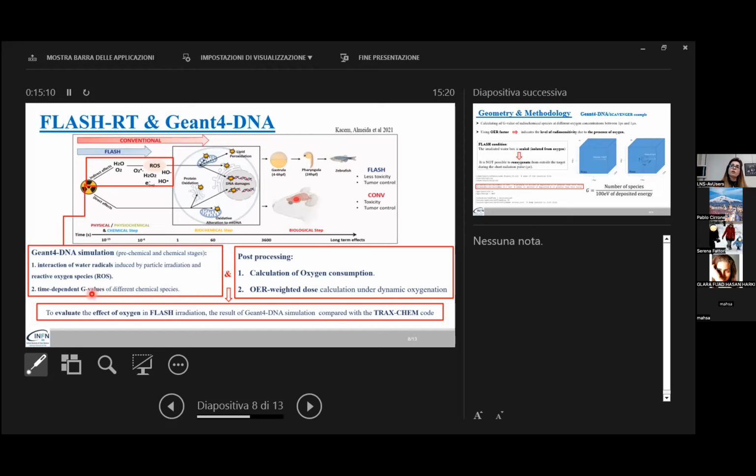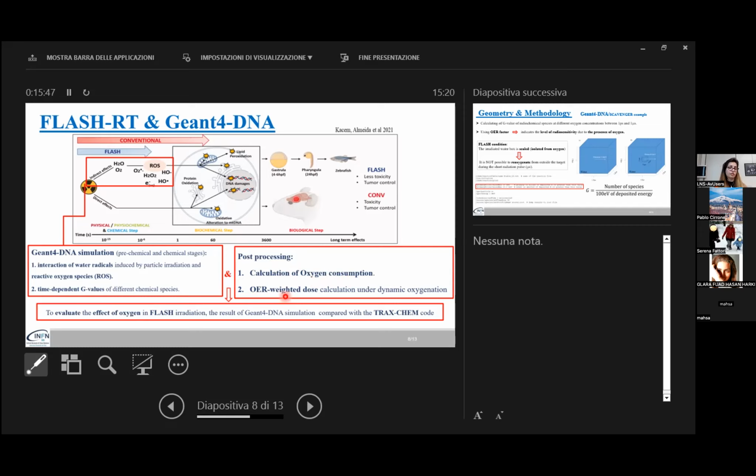G value, okay, as in the other slides, is the number of chemical species which are produced or lost after irradiation per 100 electron volts of energy deposition, okay? After calculation of the G value, we tried, with post-processing, to calculate the oxygen consumption and OER weighted dose under different dynamic oxygenations.